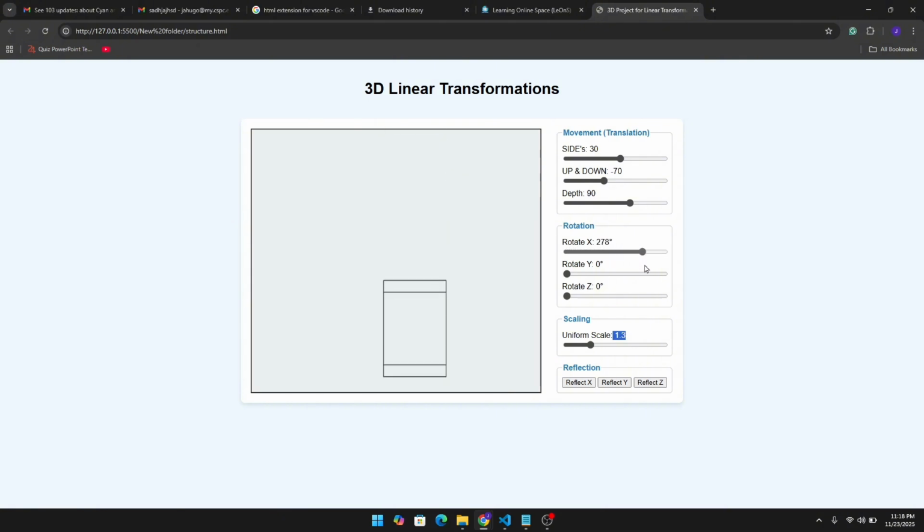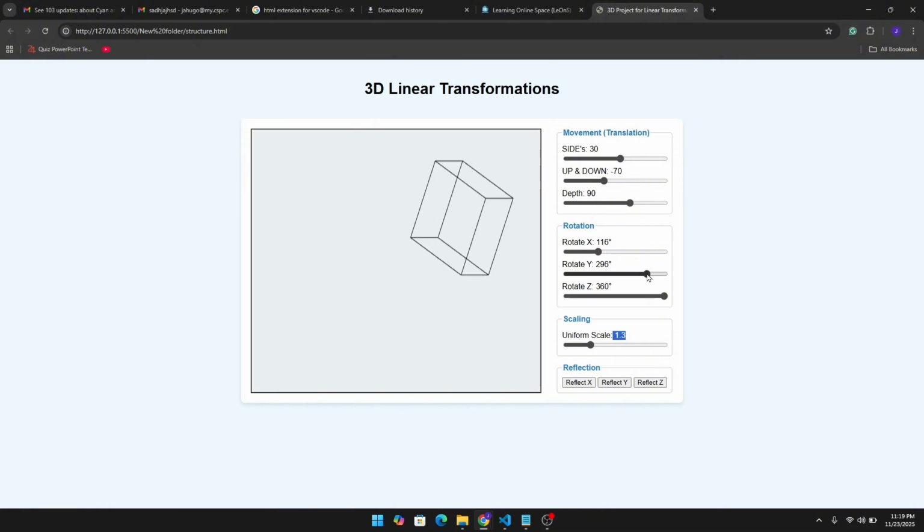For rotate X, for rotate Y, for rotate Z. For reflections, this flips the cube like a mirror depending on the axis. And for scaling, it's making it scale big and small.